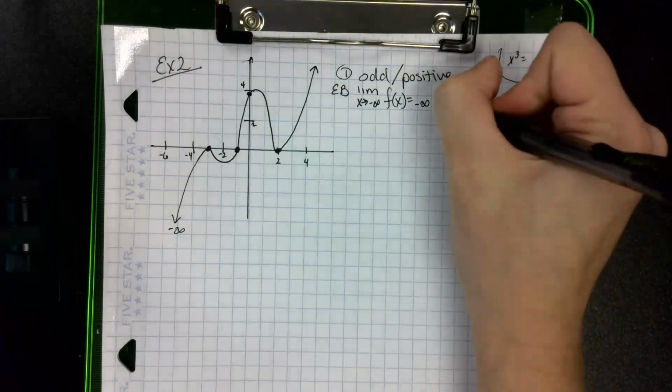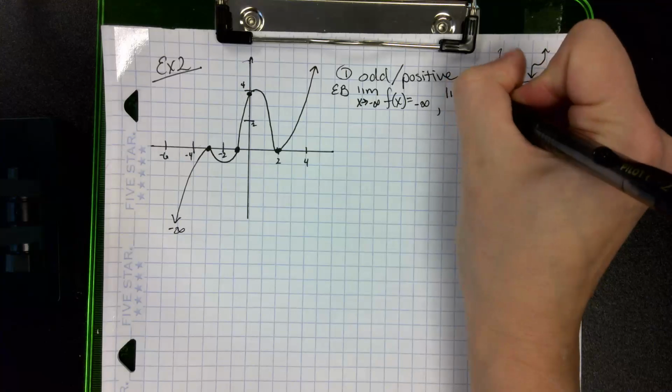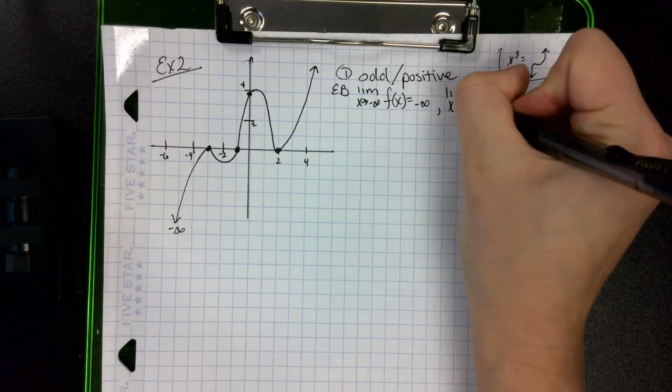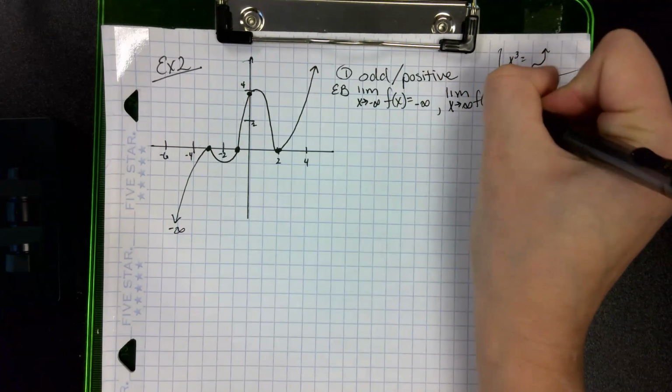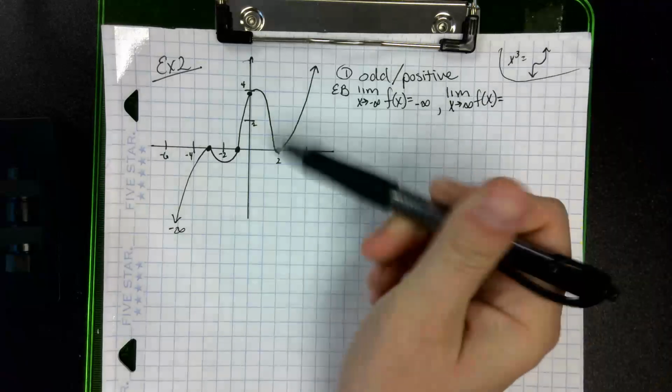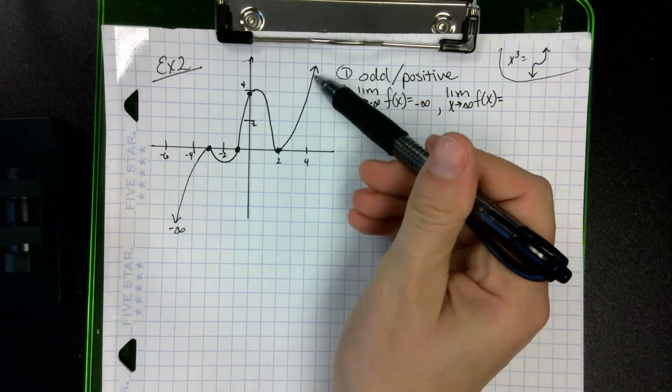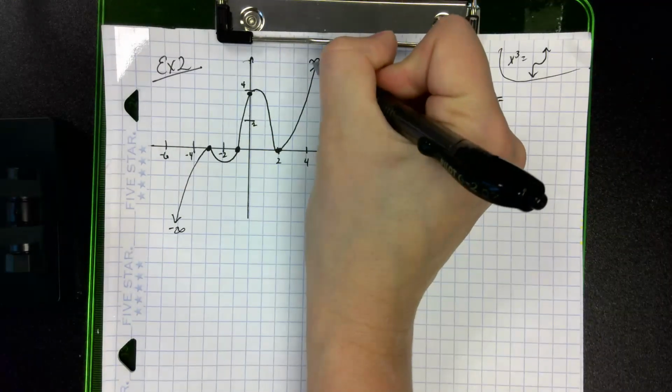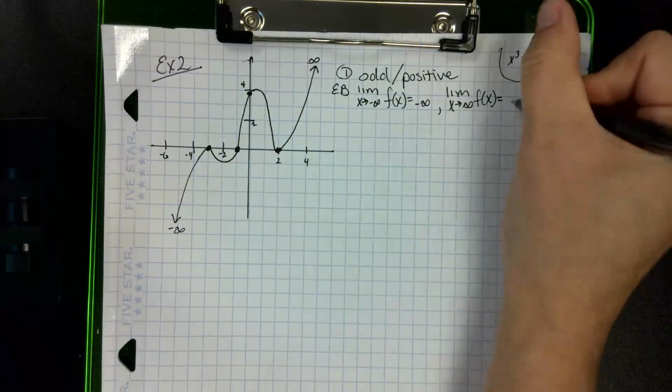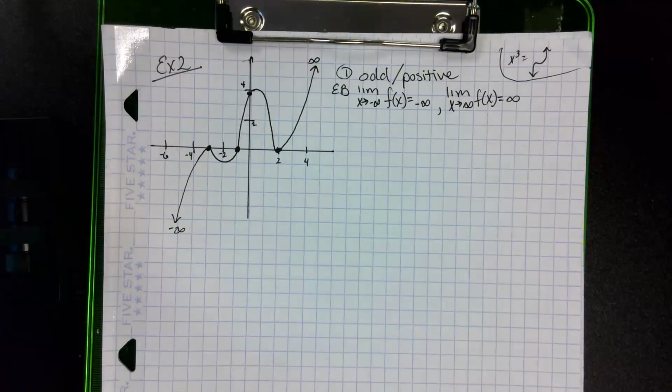That's the left side. And so then the right side, the limit as x goes to positive infinity of the function f of x equals. So on the right side, my graph is going up. The y's are going towards positive infinity. Just as I said, I have odd, and so they're going towards opposite infinities.